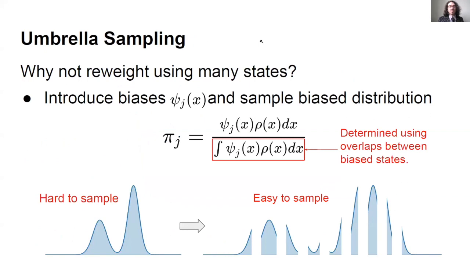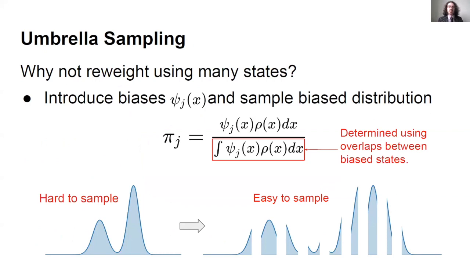So how can you address this? One strategy that's pretty commonly used in molecular dynamics is to say, okay, fine, I might have trouble choosing one distribution that's good, but maybe I can reweight using many states. This has been reinvented in multiple contexts.